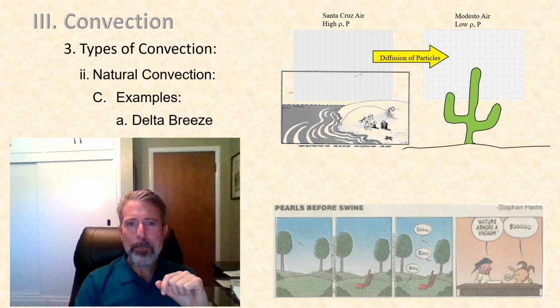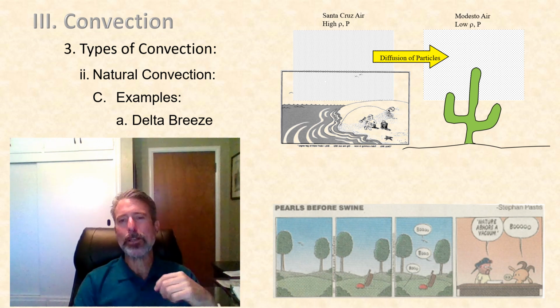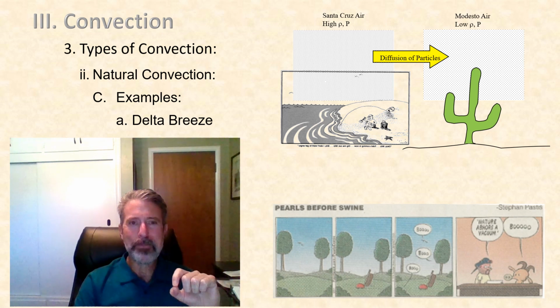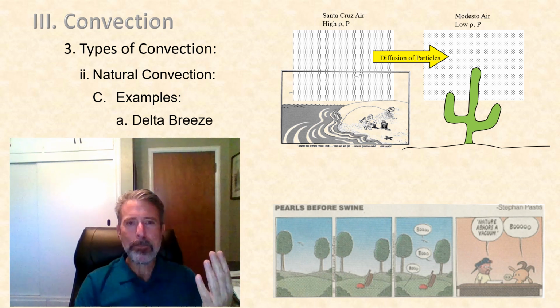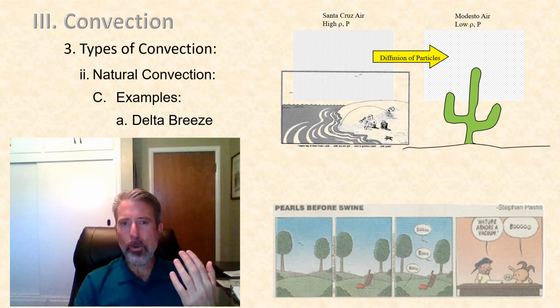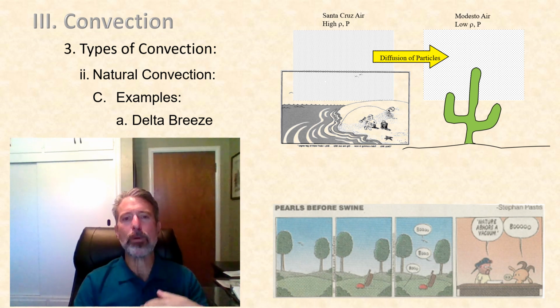As this Pearls Before Swine cartoon nicely illustrates here, a lot of what happens in our physical world can be explained by the concept, and it's very often said, nature abhors a vacuum. And as the comic suggests, a vacuum really represents a pressure gradient. But if we expand this and think of it very generally, nature really abhors any type of gradient, whether it's a pressure gradient, a density gradient, a temperature gradient, an energy gradient.